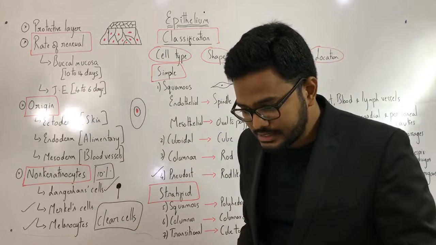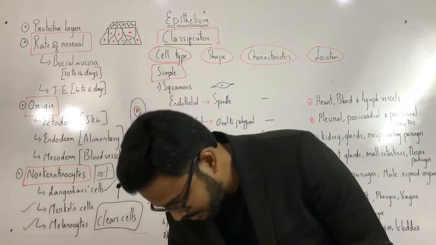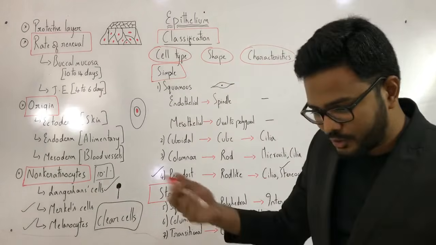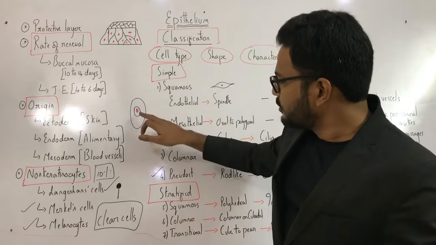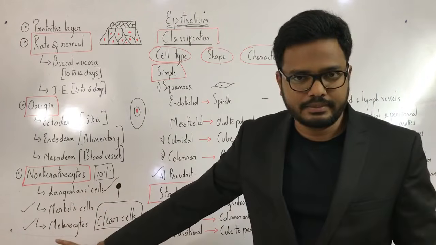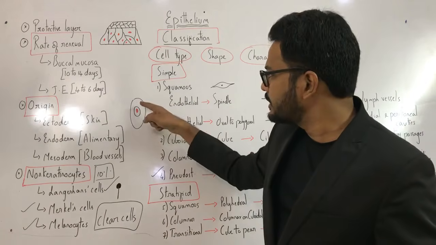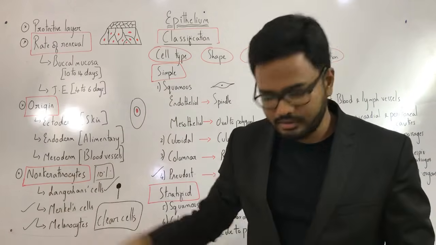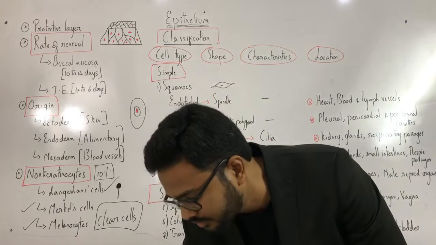Hence these are called clear cells. Yes, Nidhi, that's good. O, zero, empty. So these non-keratinocytes can also be called clear cells, right? Because the nucleus is surrounded by a clear halo. You can just add that point as well.